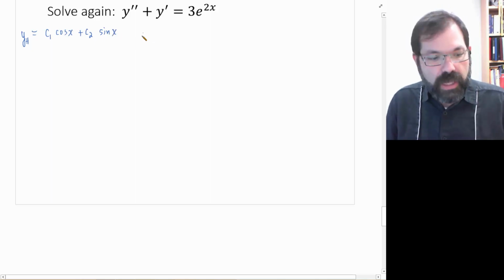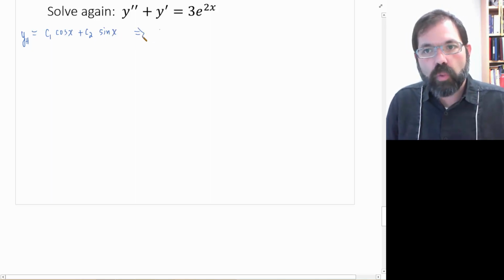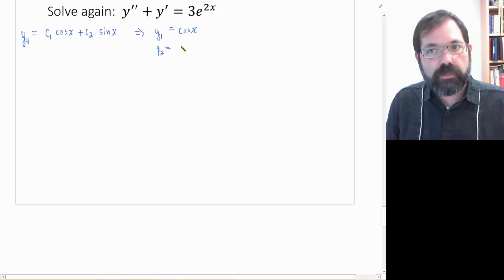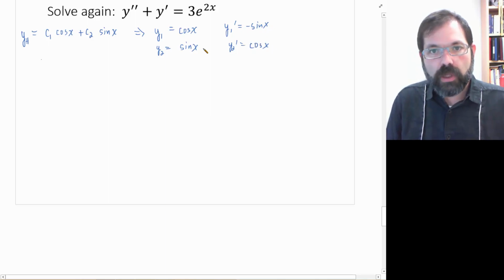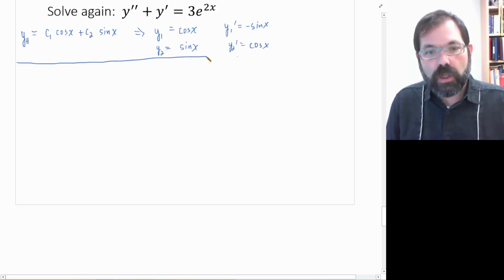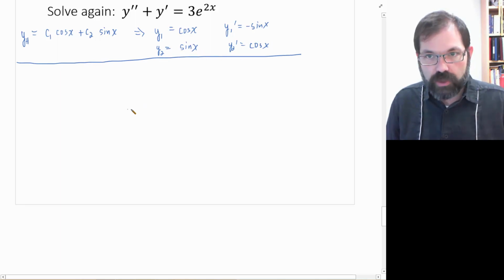And so what I'm going to take from that is the y1, let's take that to be the cosine x. The y2, we'll take it to be the sine x. Let's go ahead and calculate the derivatives of these. The y1 prime is negative sine x, and the y2 prime is cosine x. So from this, we build the system of equations.